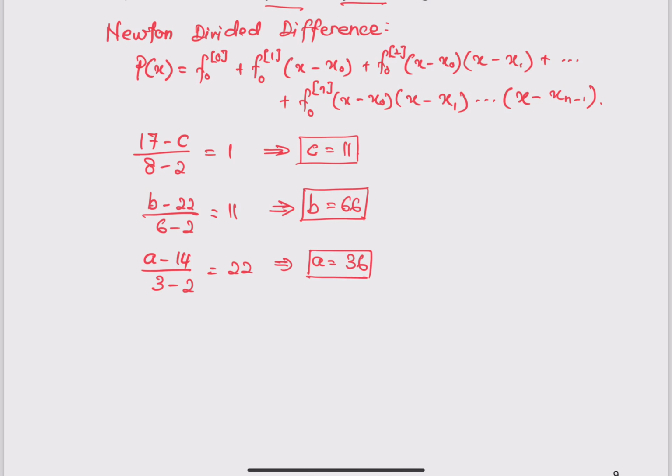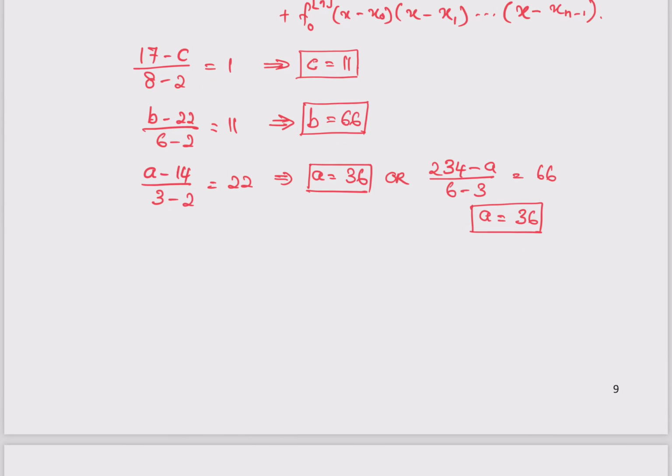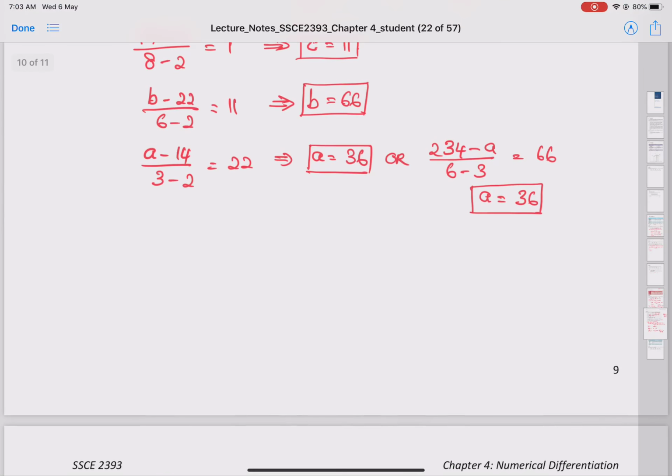Alternatively, you can use 234 minus A divided by 6 minus 3 is equal to our value of B, 66, and then after you do this calculation, you will get A is equal to 36. It is the same.